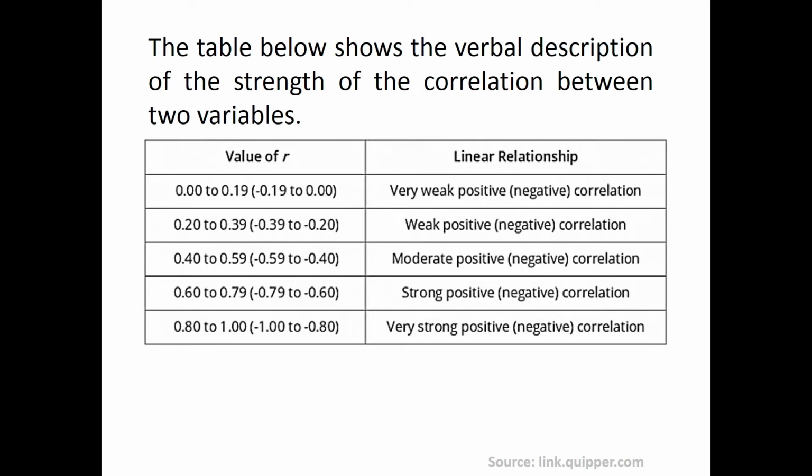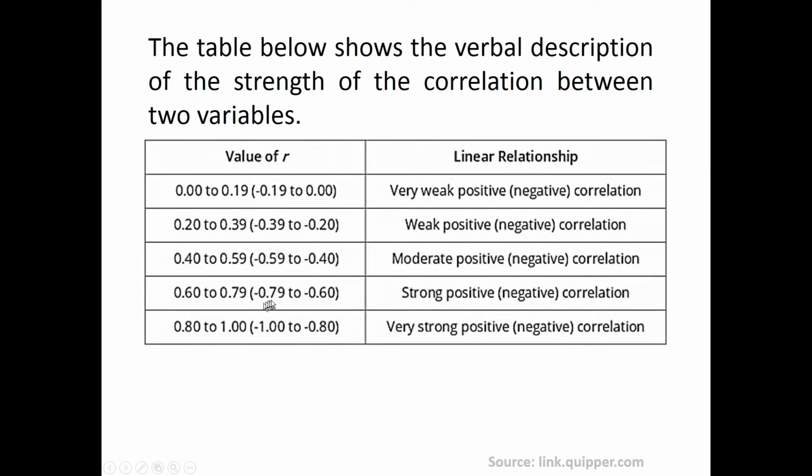So, 0.20 to 0.39 will have weak positive correlation or it could be weak negative correlation. So, again, it would be based only, kailan mo sasabing positive, kung positive yung answer mo. So, if it's negative, so weak negative correlation. And then 0.40 to 0.59 will have moderate positive or negative correlation.